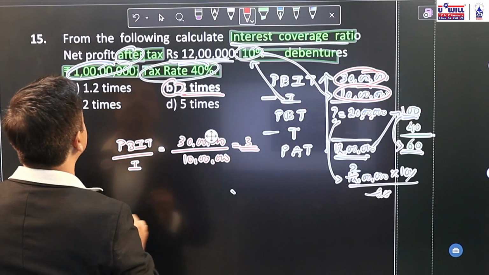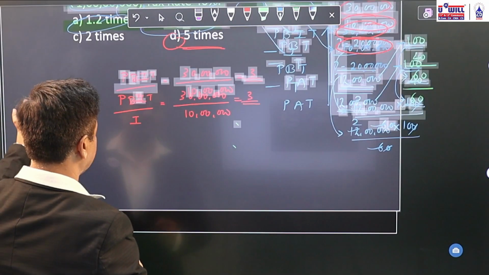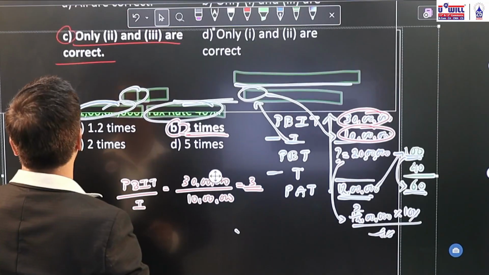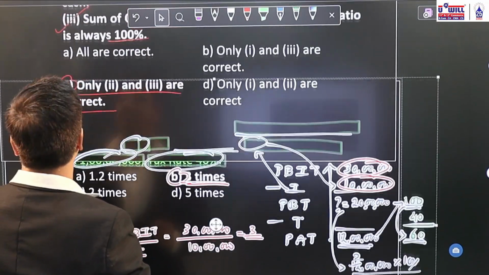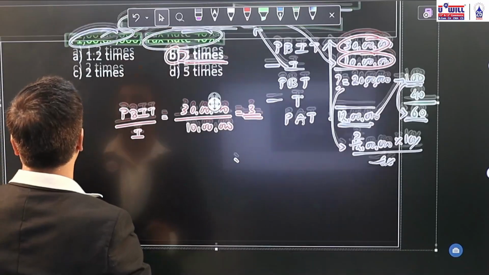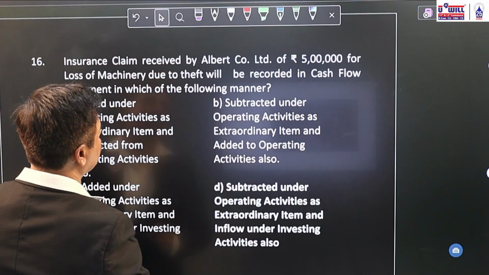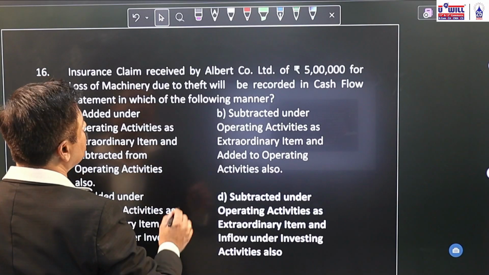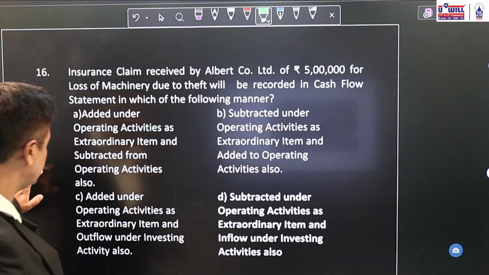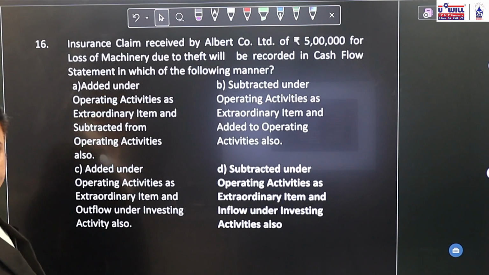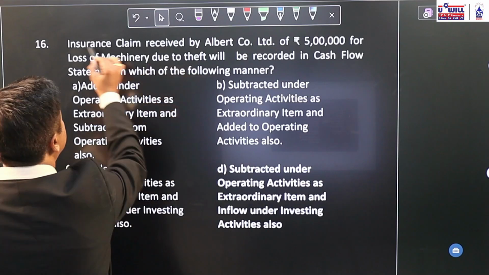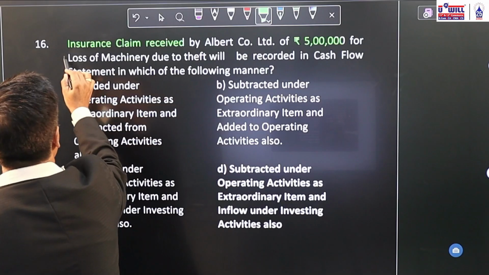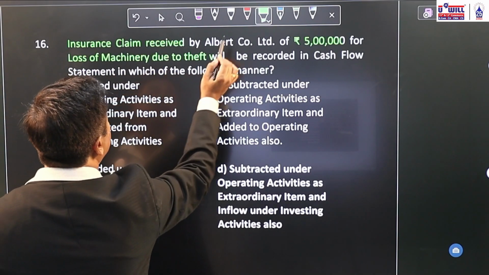Going further. Sixteenth question. Insurance claim received by Albert companies of 5 lakhs for loss of machinery due to theft.